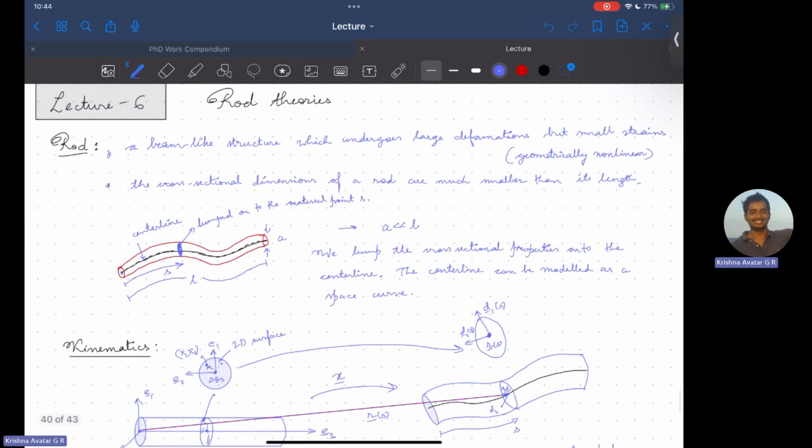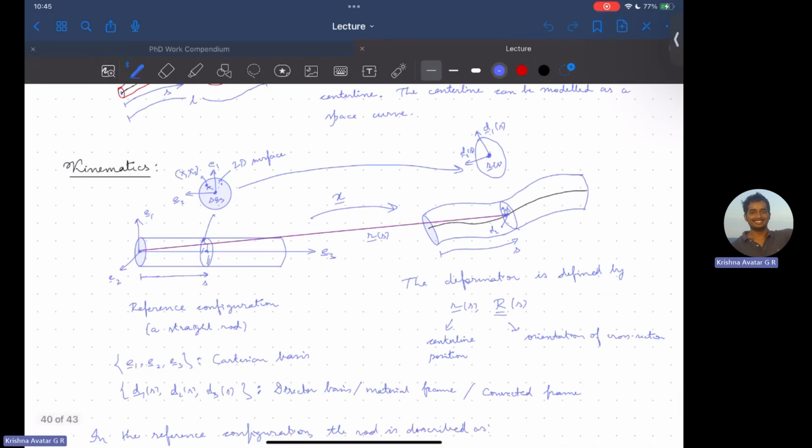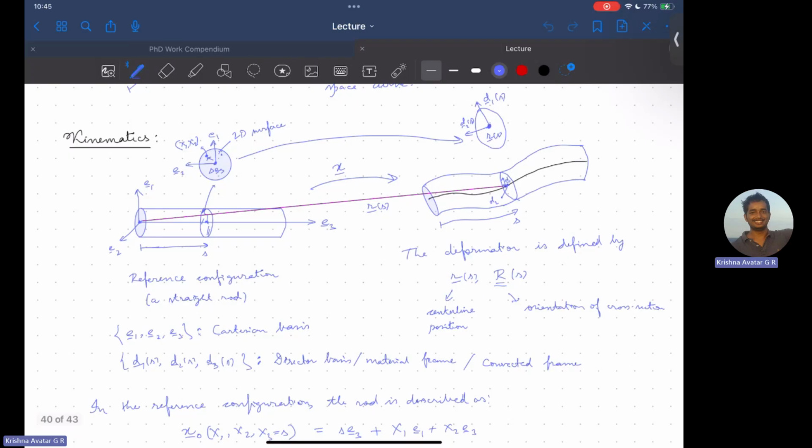Then we proceeded to give some basic assumptions with respect to the cross sections and the orientations, right? And then we talked about the kinematics of rods and how the deformed configuration is a mapping from the reference configuration, specifically here for the case of a straight rod. In general, of course, you can have a pre-curved rod as well, right?